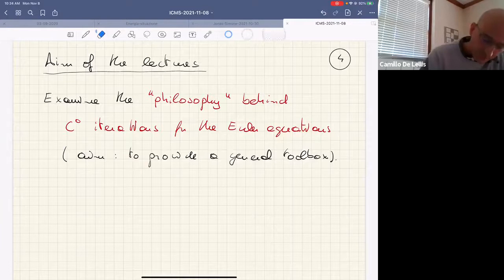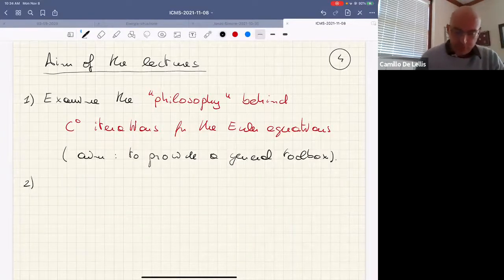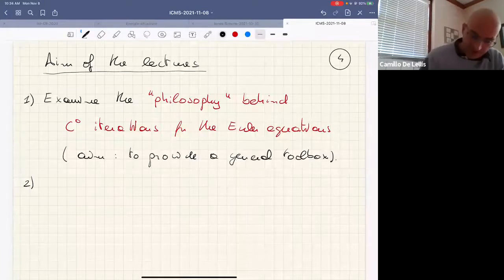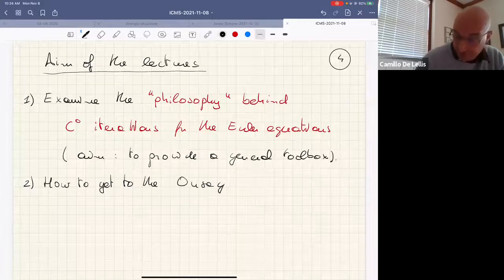So this is the first thing that we will do. Then I will explain to you what you actually have to overcome and what Phil overcame to actually get to the Sagar conjecture, from the flexibility point of view.